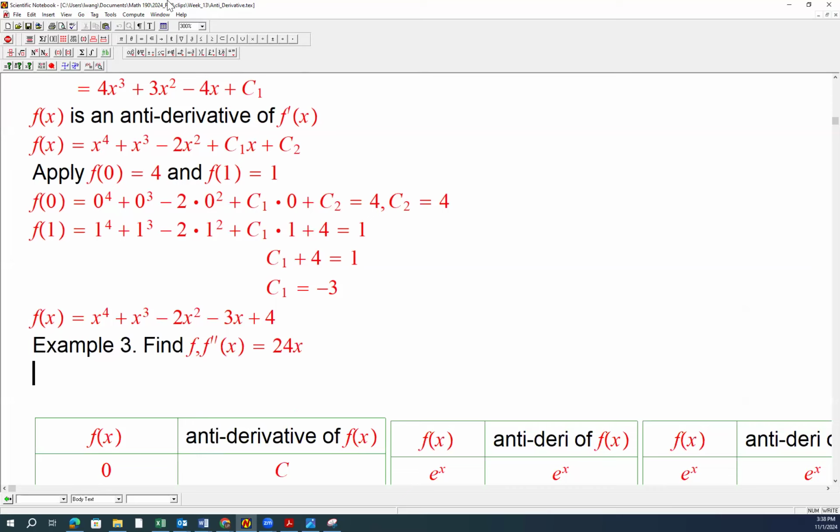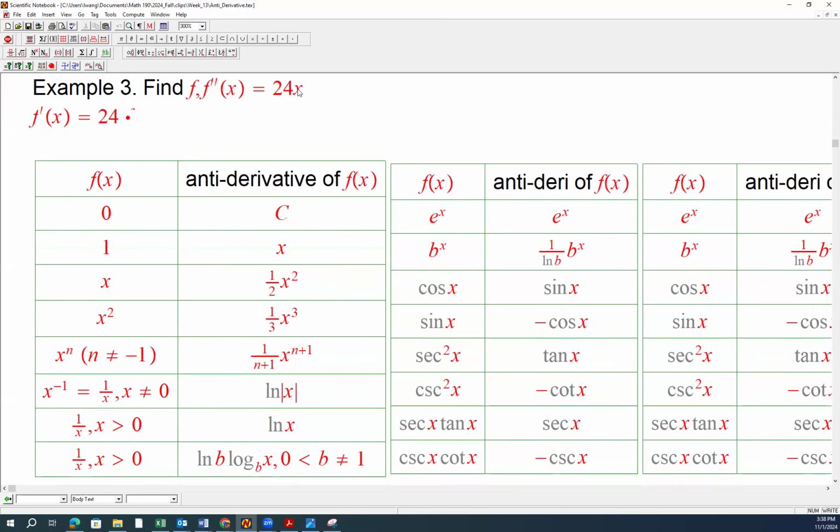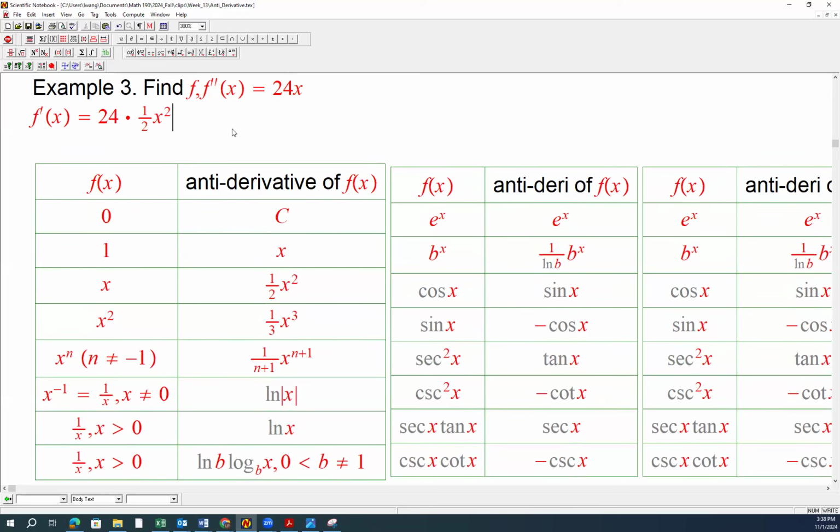So we can just go ahead to find f prime equals the antiderivative of 24x, right? And the antiderivative of x is half x squared, plus constant number 1. And this, of course, is 12.